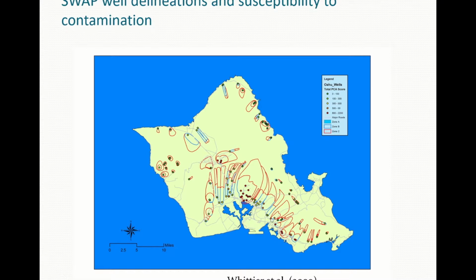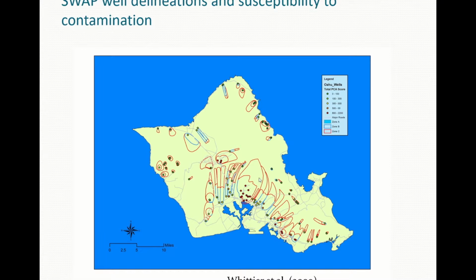Then the risk is given by the color of the wells. Red, high risk. Blue or green is less risk. And here are the relative values for that. So you can identify the risk and see it in your planning. That's important to know. So the objective was just to create these maps, but actual protection is not part of it.